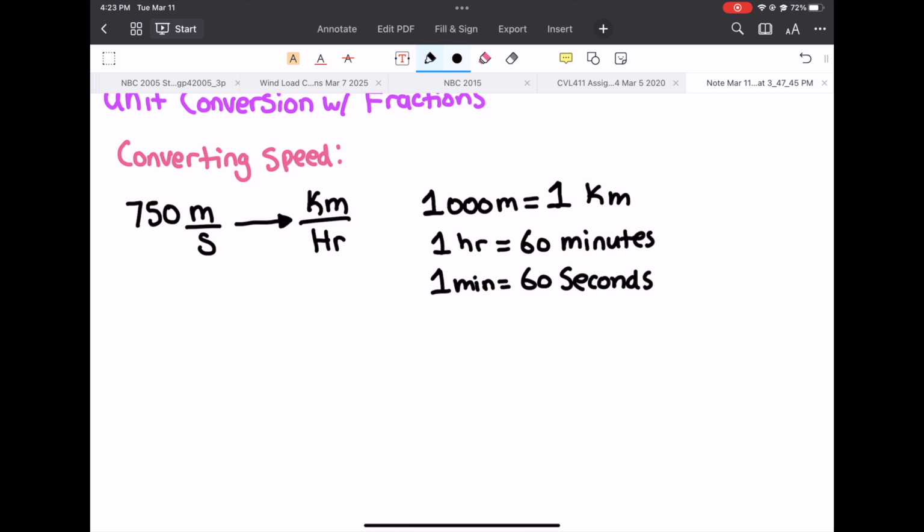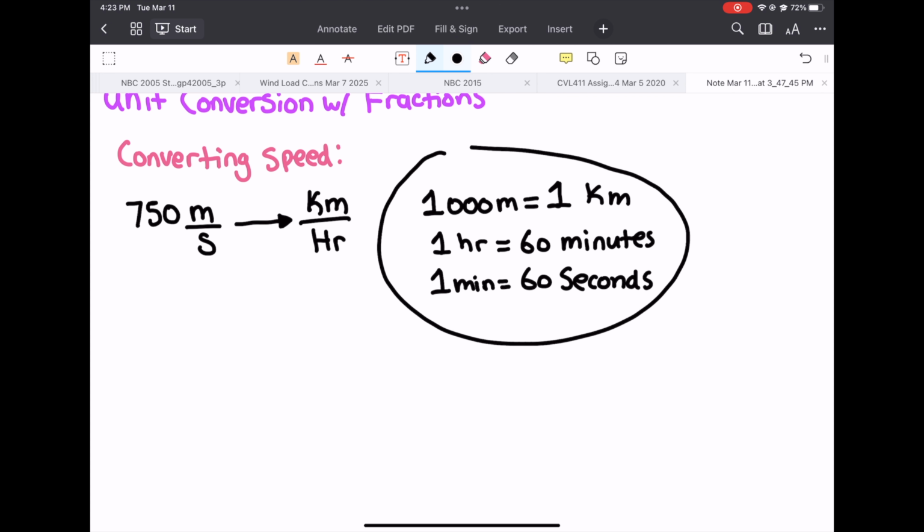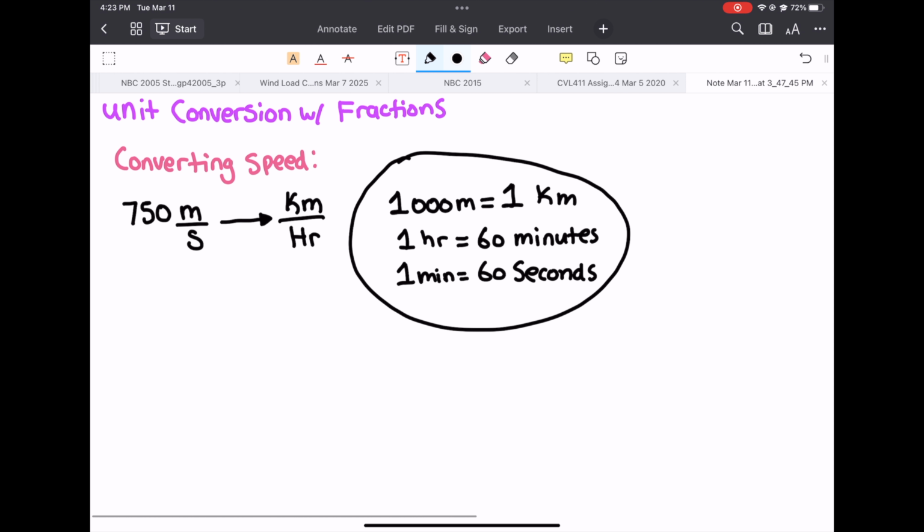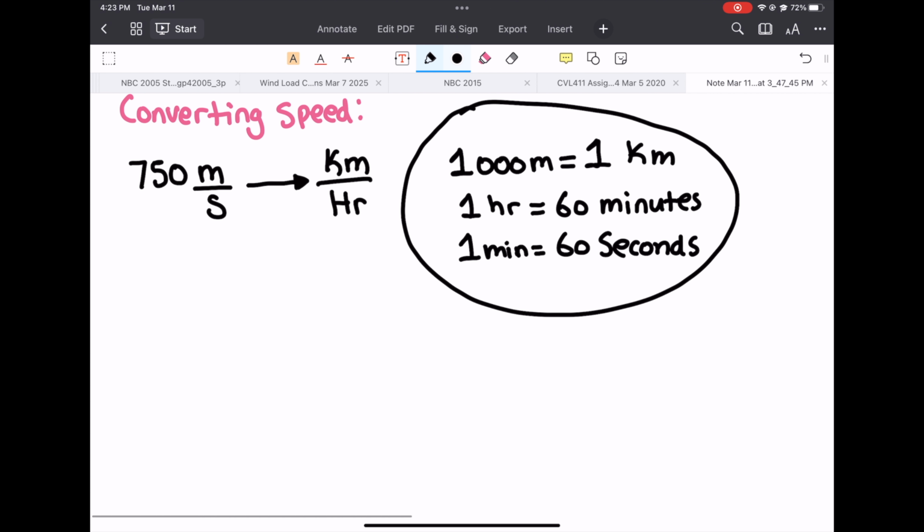So what we're going to do is try to equate all these things that we know over here, and we're going to cancel out the same units to convert to kilometers per hour. So first thing we're going to write is 750 meters per second as a fraction.